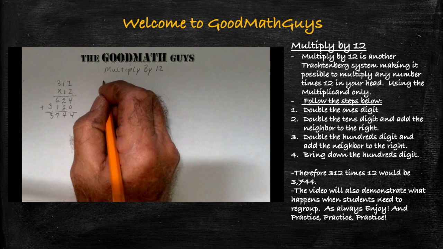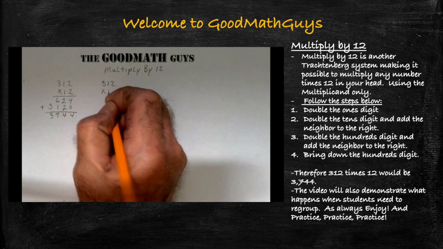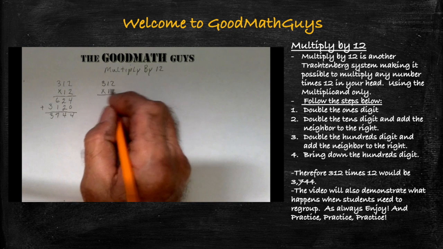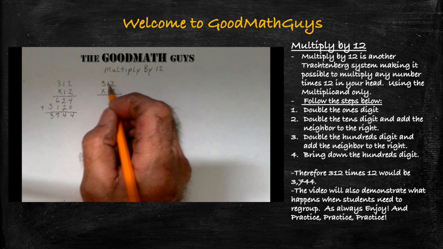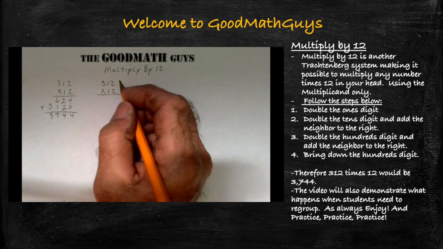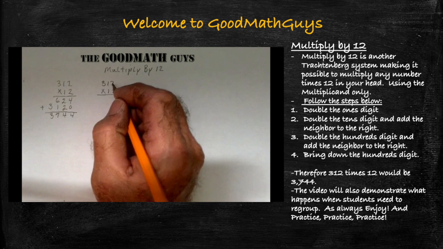So let's write the problem again, 312 times 12. Now, remember, I said we're not going to consider this 12 at all. All of the number manipulations will occur in the multiplicand only. So in step number 1, we want to double ones.